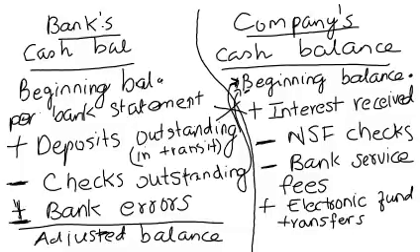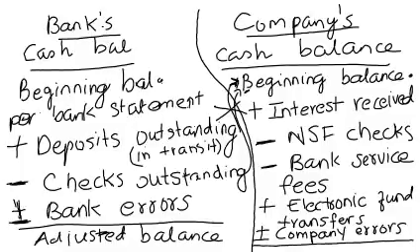For example, unrecorded electronic fund transfers have to be subtracted. And then you have company errors. The company could have also made some errors which may come to light later, and those have to be added or subtracted as well. And this gives rise to the adjusted balance.